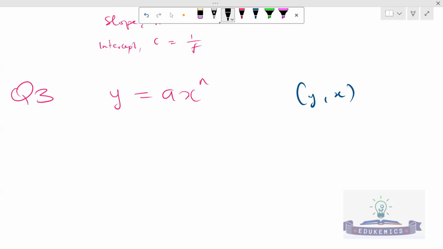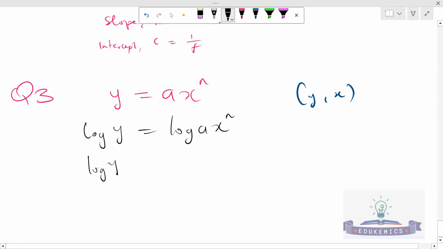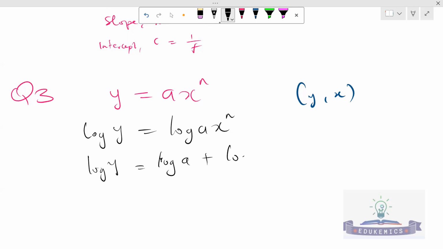For us to transform this type of equation, let's get the logarithm of both sides. So log y equals log a plus log x raised to the power of n.